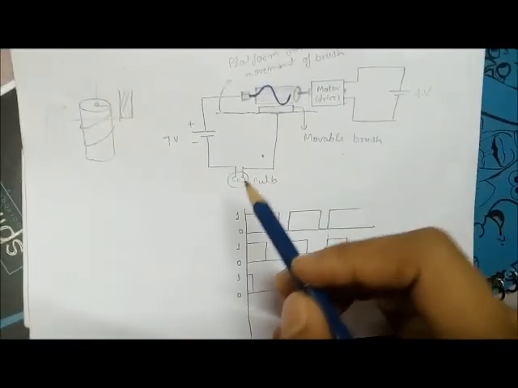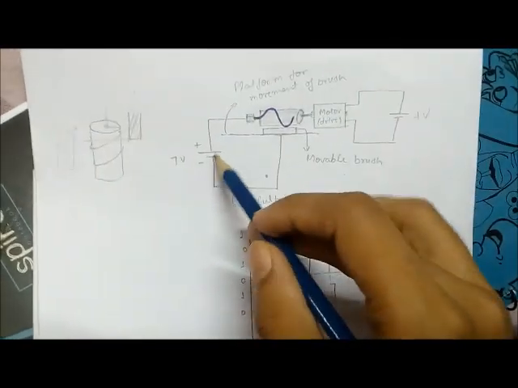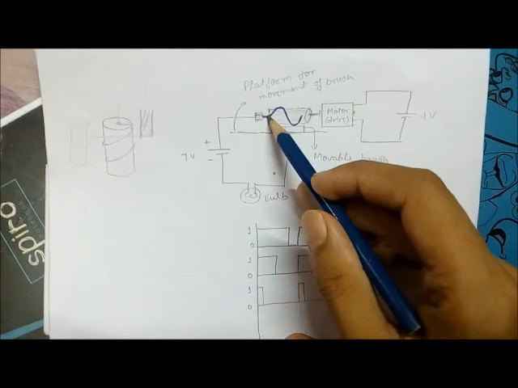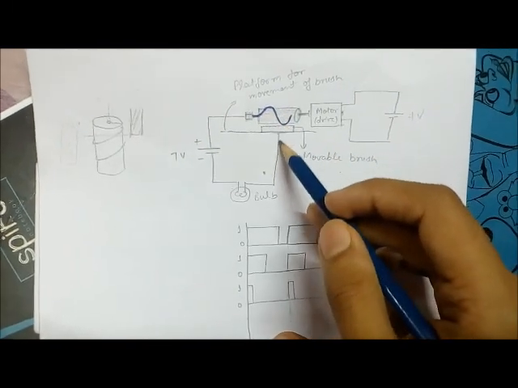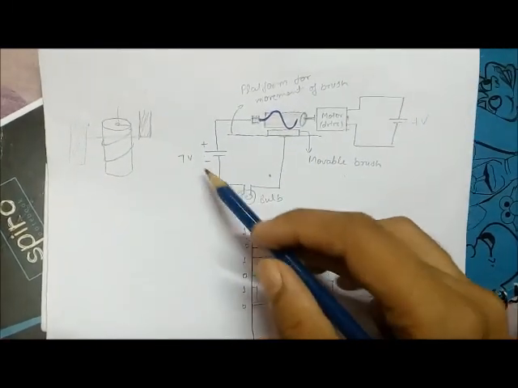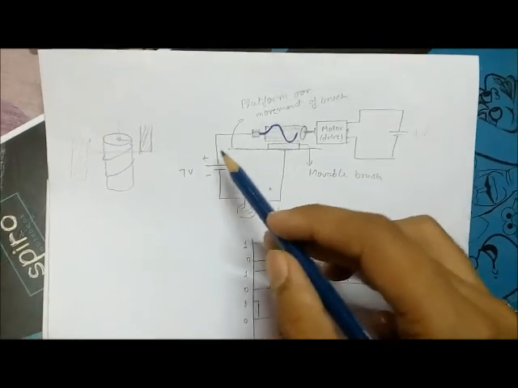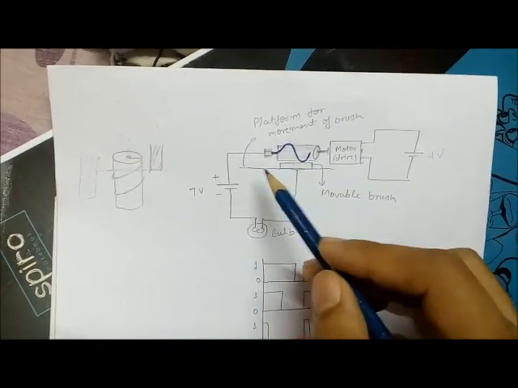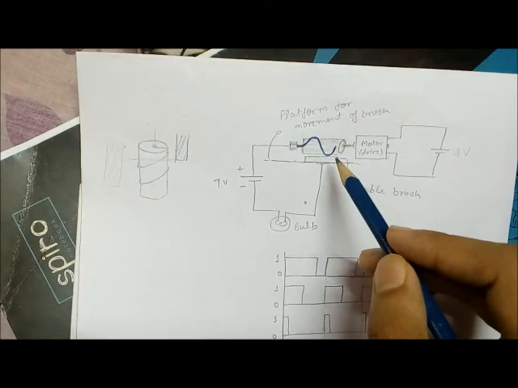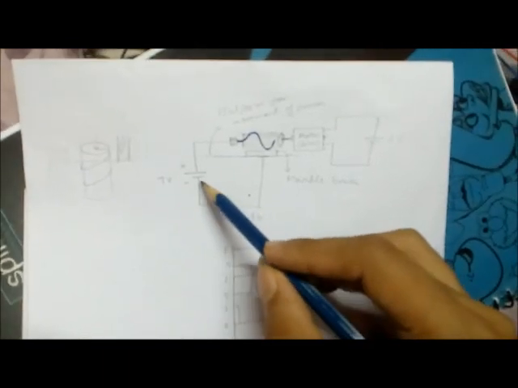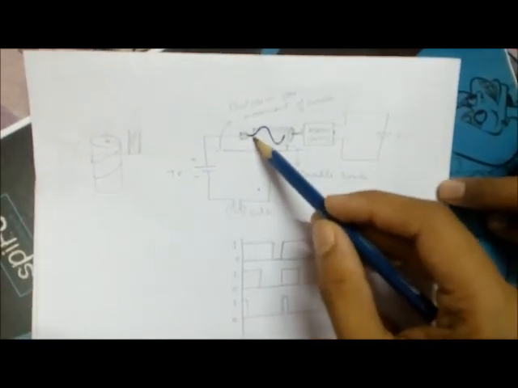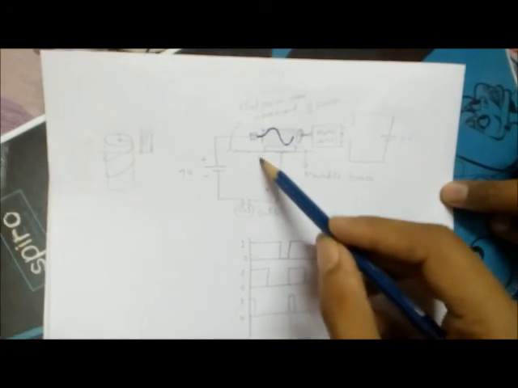The circuit, you can see that this is the cell. The current flows from this direction, and through the wire it comes across to the bulb. Suppose the brush position is here, so only this part of the wire gets contact, and at that time the current flows through this wire and through this bulb.